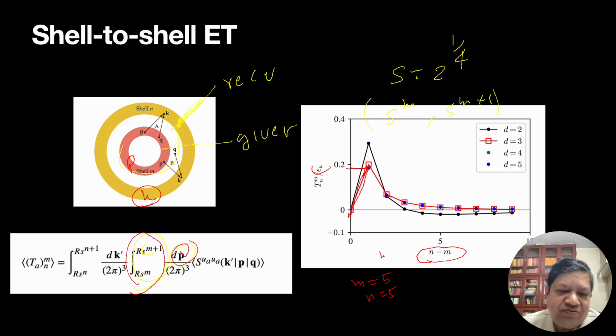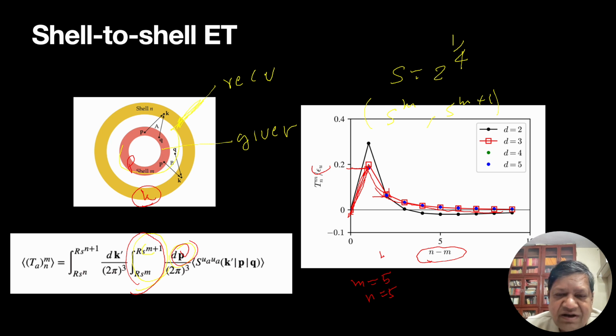Then 7 is maybe around 7%, and it keeps going down after that. So the most dominant transfer is to the nearest neighbor, around 20%. That's the field theory prediction in 3D.